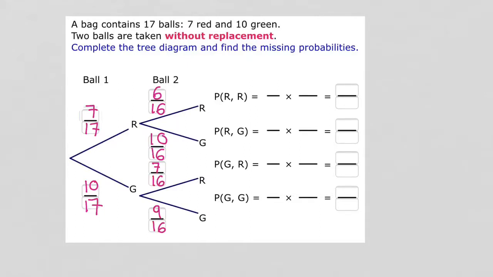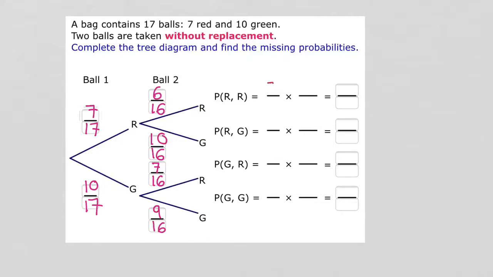Now, if I want to work out probabilities of choosing 2 red balls or a red and a green, for example, I want to multiply along the branches, and I'm going to fill in all 4 options here. So there are only 4, but these probabilities here will be different.